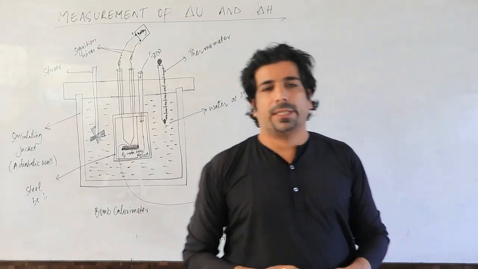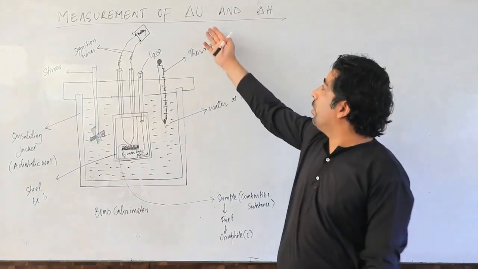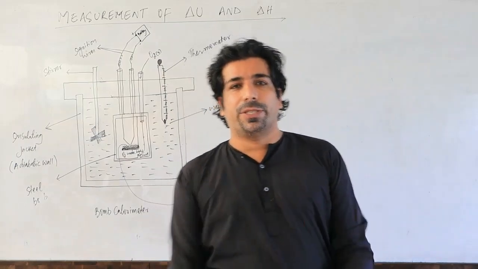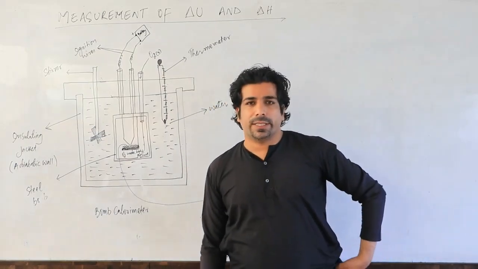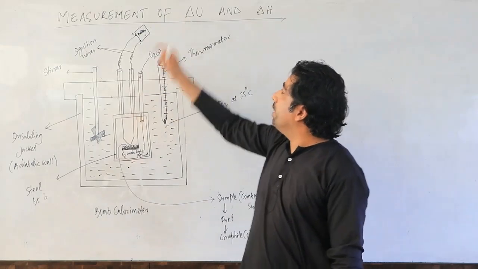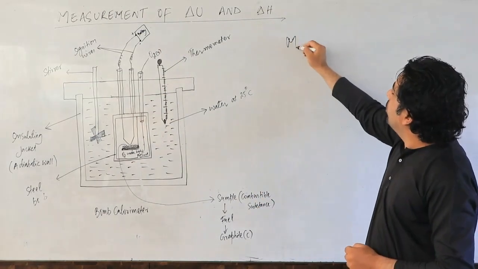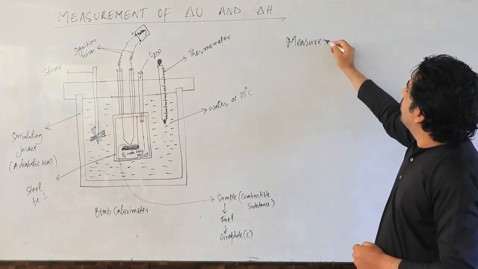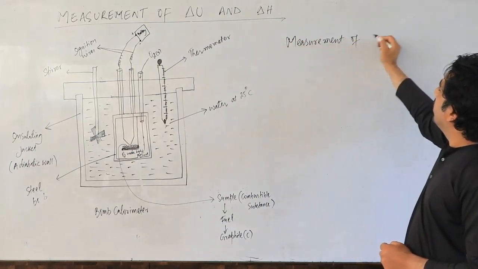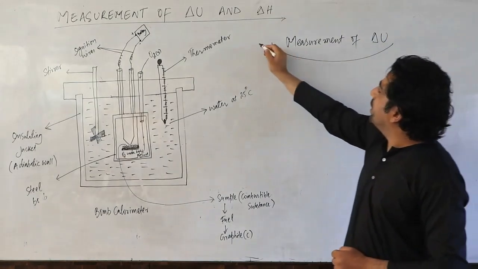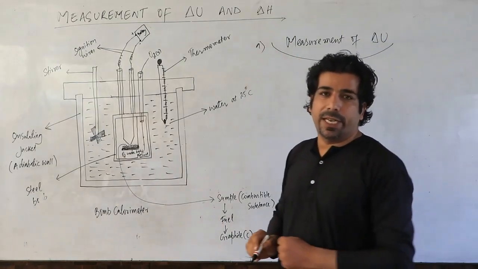So let's talk now about the measurement of internal energy change and enthalpy change. First, the measurement of delta U. Everybody is aware that delta U is the change in internal energy.